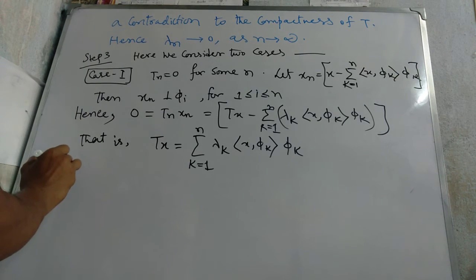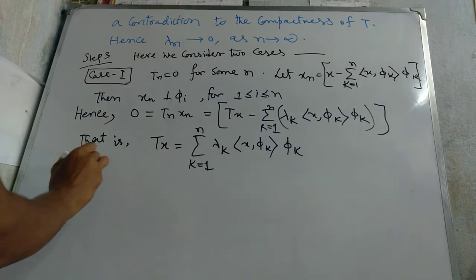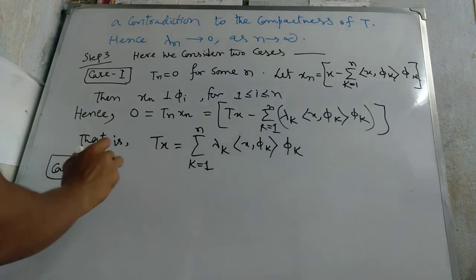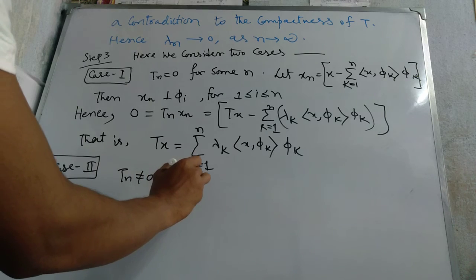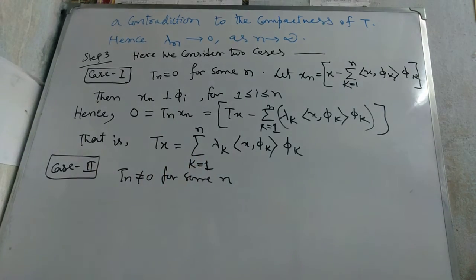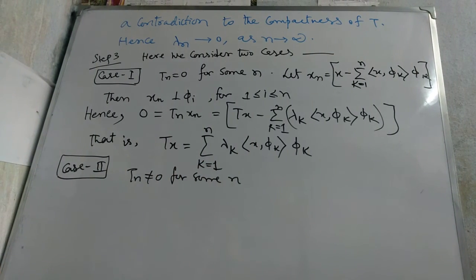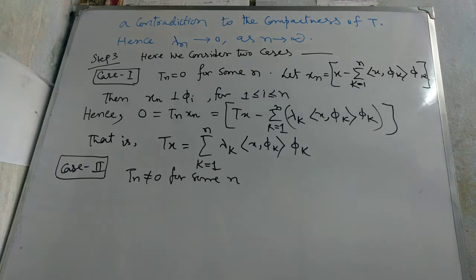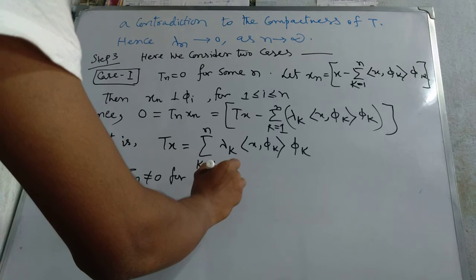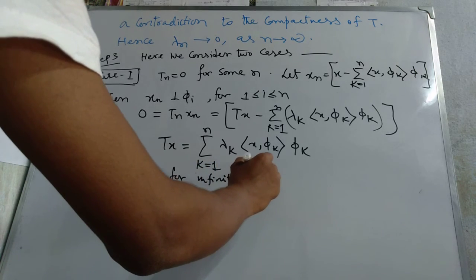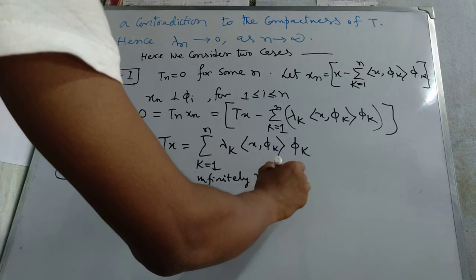Now we go to case 2: Tn not equal to 0 for infinitely many n.